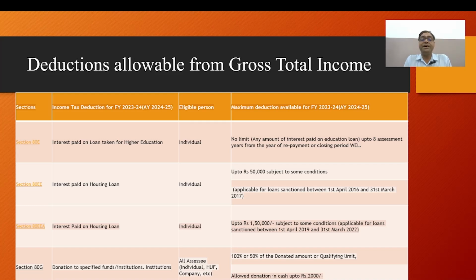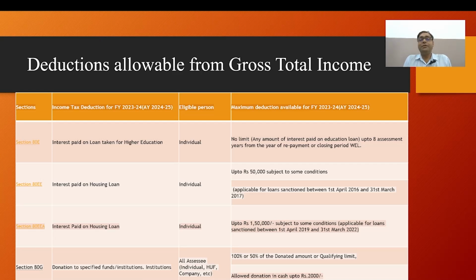And if I am doing further study, if I go to other reputed institutions, even outside India, then I can take this benefit. It is implemented for the individual person. There is no limit on the amount of interest paid on education loan, up to 8 assessment years, with effect from the repayment start period.